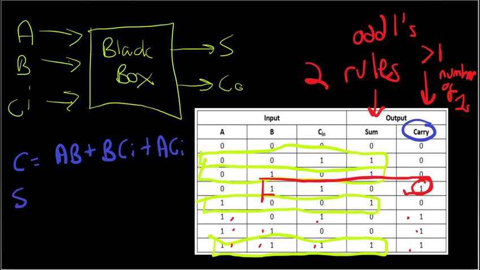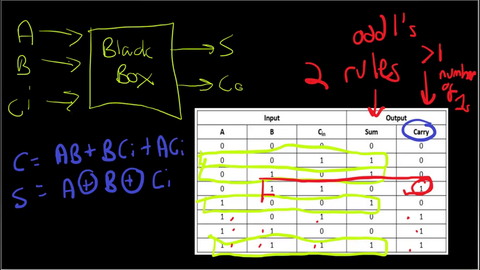For sum, we could have an A NOR B NOR C input. So basically inside this black box is a combination of these different gates.